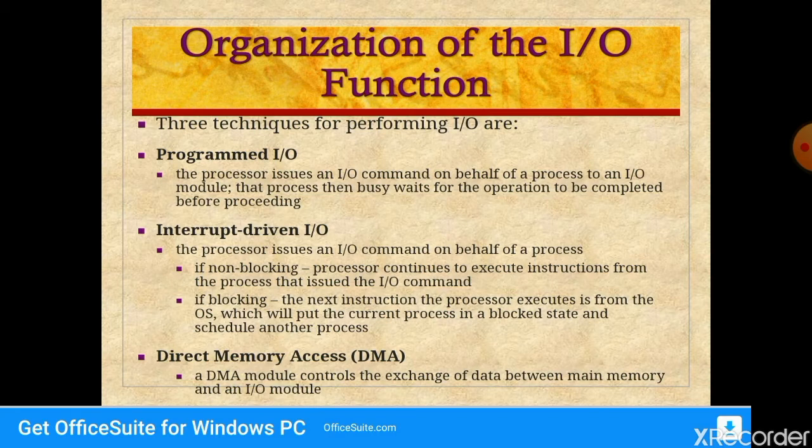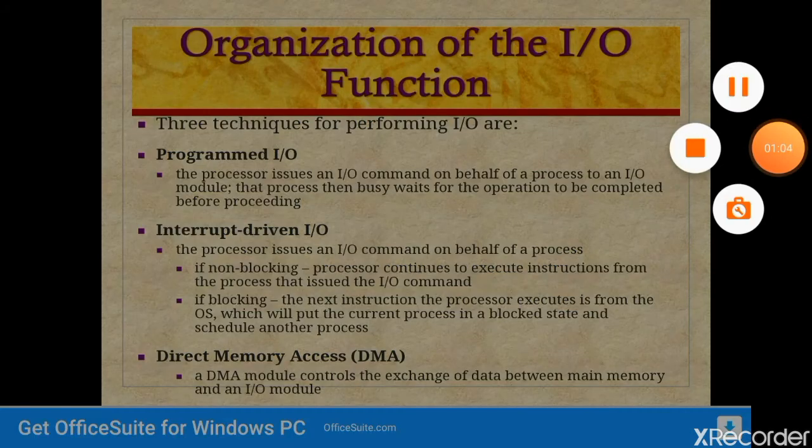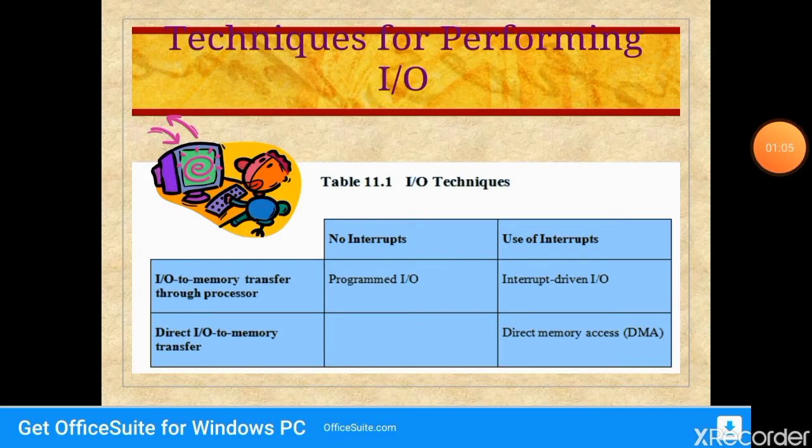The third type is direct memory access. This is a method to exchange data between the input-output module and the main memory, where this technique reduces the intervention of the CPU for every input-output data transfer. This diagram shows the same functionality we have discussed in the previous slide.